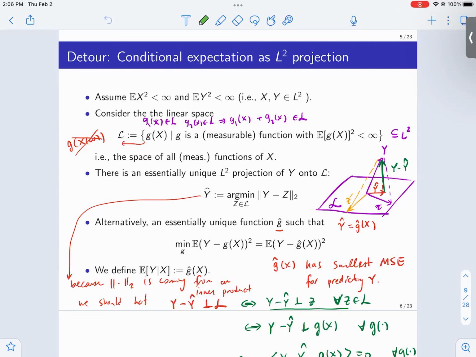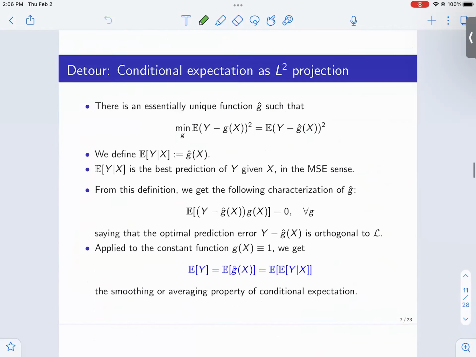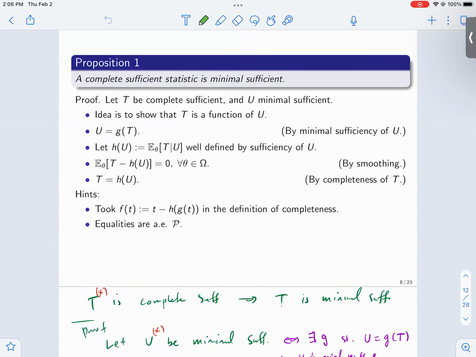For example, the first application was when we tried to prove this result: a complete sufficient statistic is minimal sufficient. We pick a minimal sufficient statistic u, and we want to show that t is a function of u. So the best guess for t in terms of a function of u would be the conditional expectation of t given u.